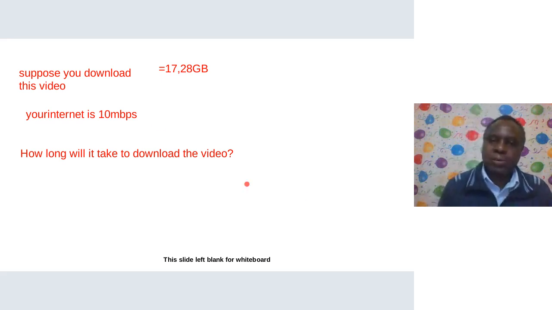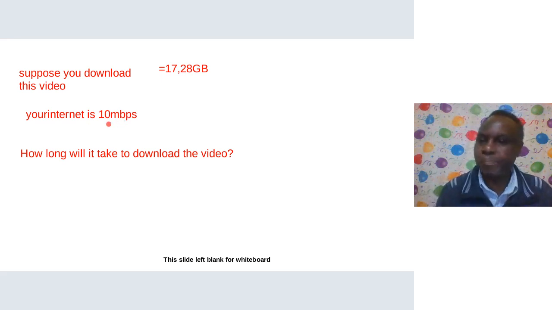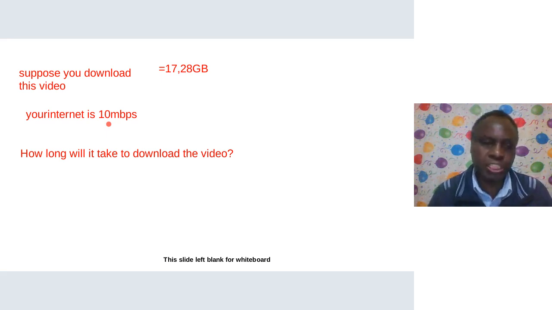Now, what I am saying is that it's very, very important that you make sure that you capture what you know, the symbols here are going to be very important. Be keen to look at the symbols. If it's a small b, it is bits. If it is a capital B, it is bytes. Most of the time, the speed of the internet is described in terms of the small b, the bits rather than the bytes.